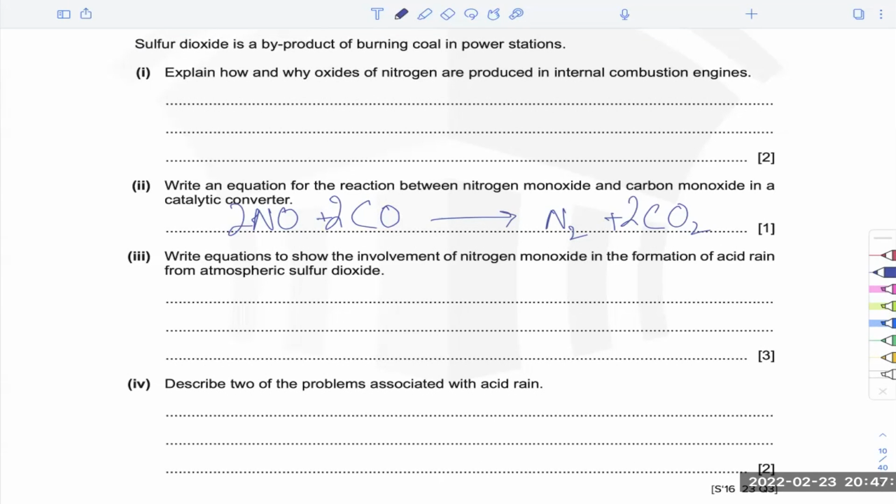Now show the involvement of nitrogen monoxide in the formation of acid rain. Again, you know that nitrogen monoxide oxidizes to produce nitrogen dioxide.